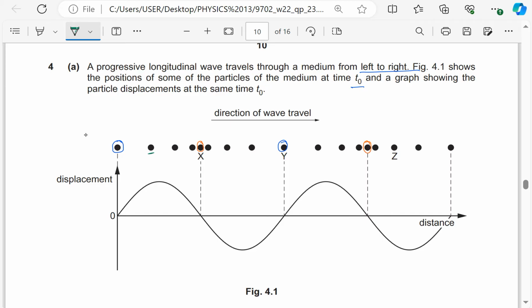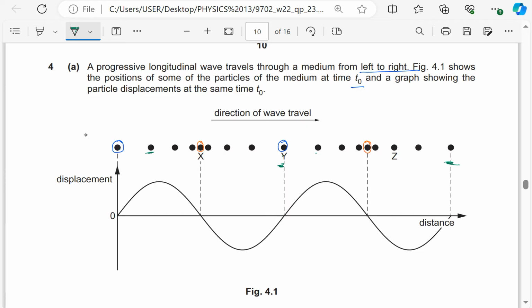You could consider this particle here with this one, but this is at the peak. This is not exactly at the peak, but I think this particle here is one wavelength apart from this one, but the most appropriate one is the particle at X here and this one here, or I can consider the particle at Y with the first one, or I can consider the particle here with the particle here.